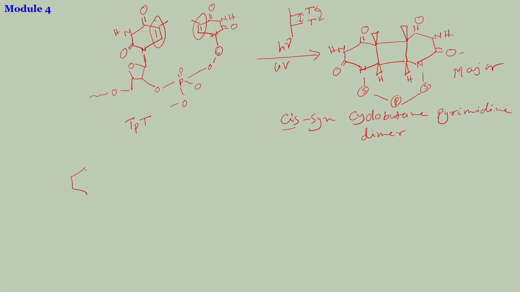Second is, this, maybe this here, the same T, P, T. Now, apart from this 2 plus 2 cycloaddition reaction, there can be another type of cycloaddition reaction, that is also 2 plus 2 cycloaddition.